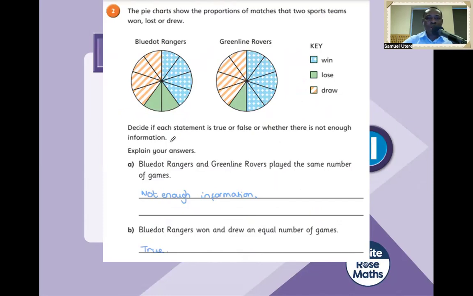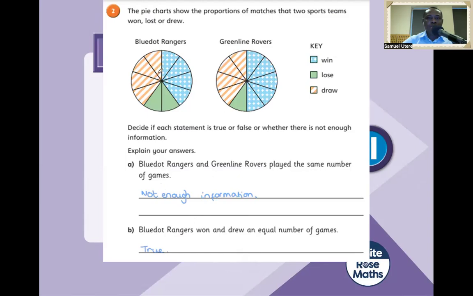You were asked, decide if each statement is true or false, or whether there is not enough information. Explain your answers. Here you asked, Blue Dot Rangers and Green Line Rovers played the same number of games. We don't have enough information. Remember, pie charts show proportion.